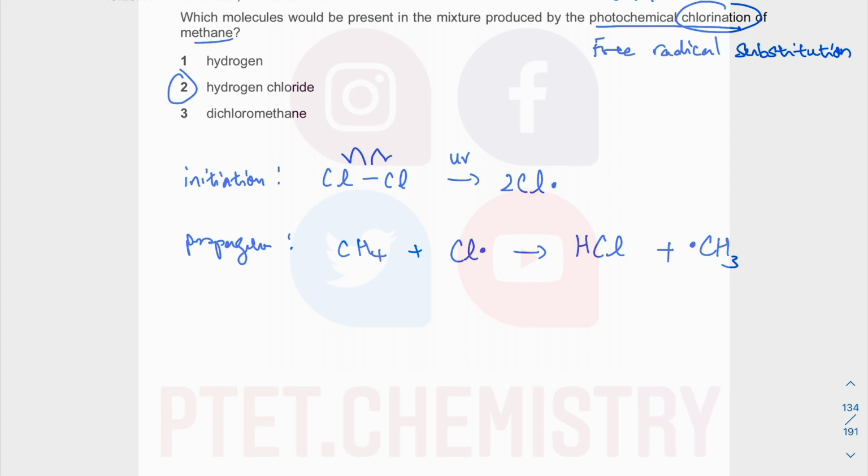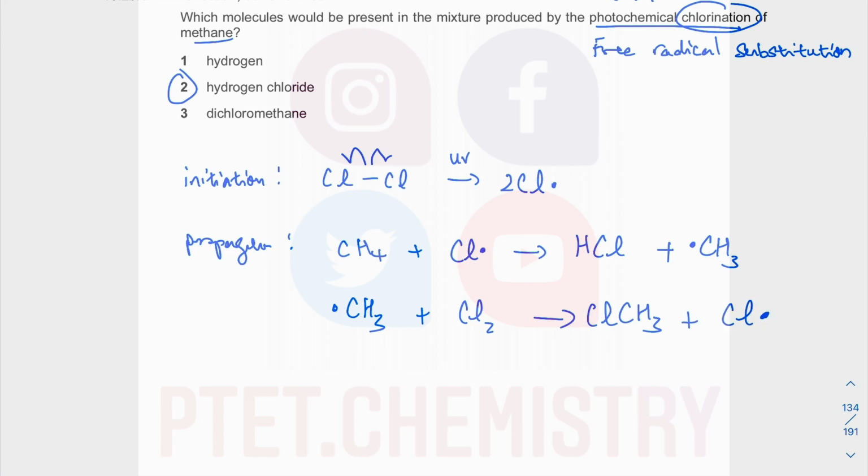Okay, but propagation doesn't just stop there. It's called propagation because it keeps on going on and on and on. In reality, you do not need a lot of chlorine radicals because the reaction generates radicals that react further with chlorine molecules. What you will get is you would substitute one of the hydrogens with chlorine, not in one go, but in a stepwise manner. Okay, and then you will kick off more chlorine radicals.